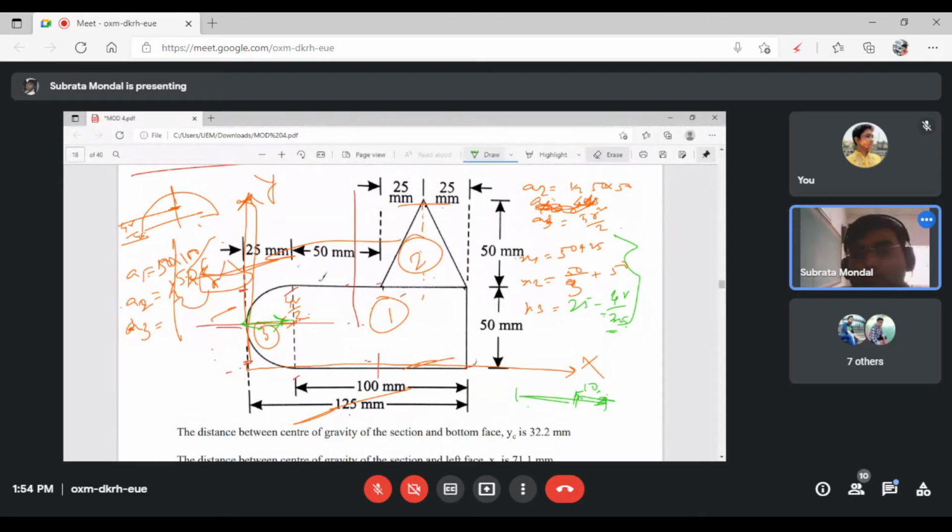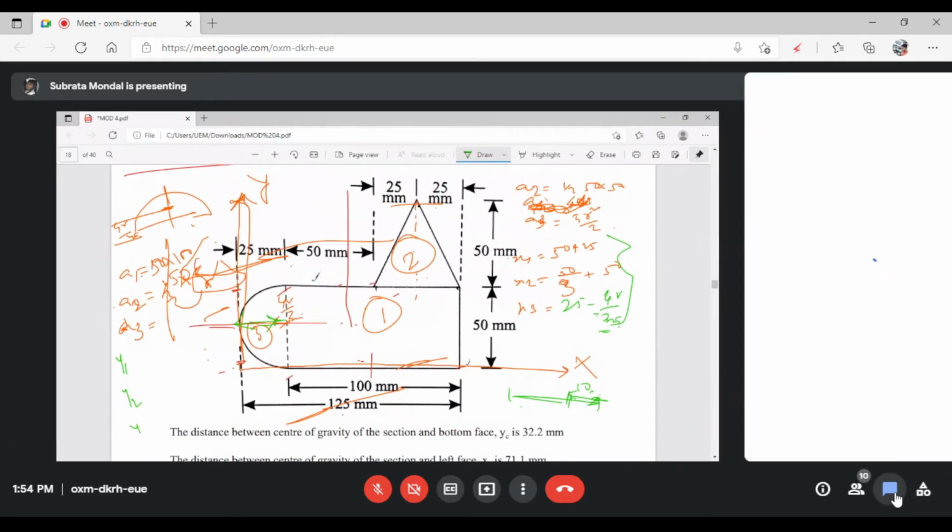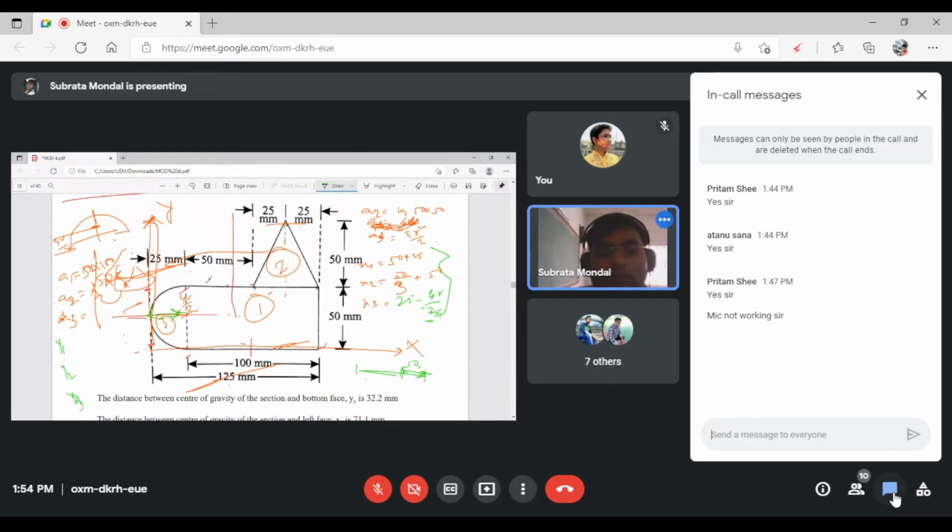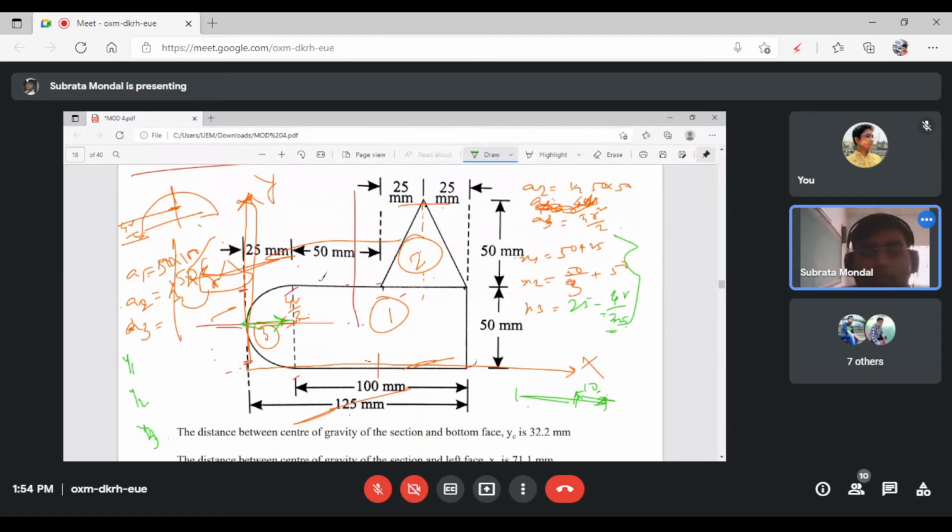Okay, next coming to y1, y2 and y3, this will be provided. Y1 is this one, so it is simply 50 by 2.